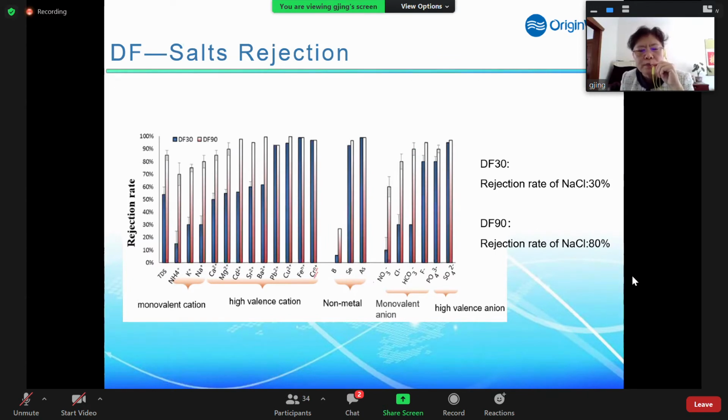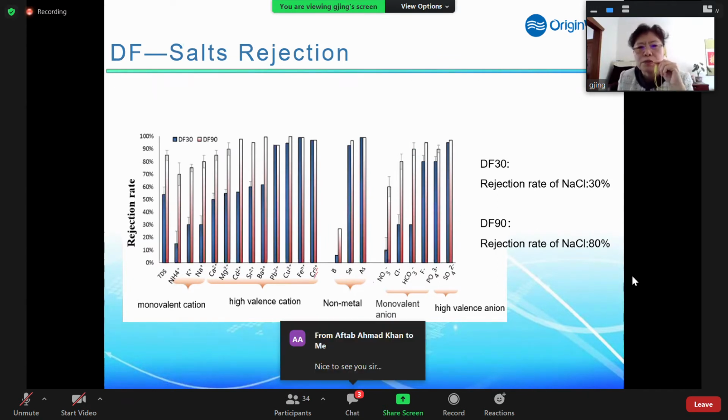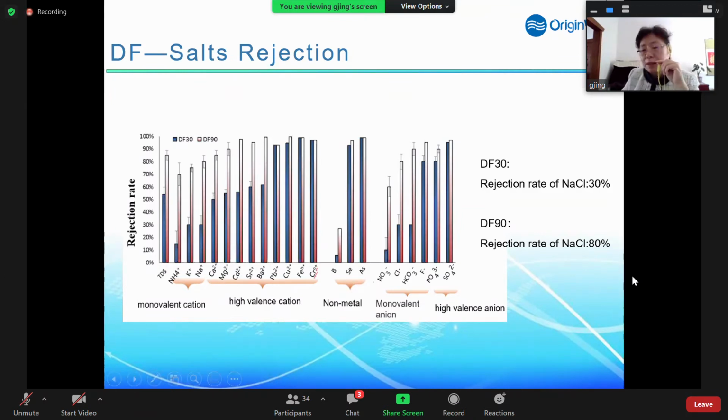Here I only introduce two types of nanofiltration membrane. One is DF30, with a rejection rate of sodium chloride of about 30%, and DF90 has a rejection rate of sodium chloride above 80%.